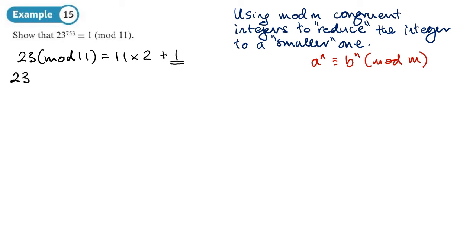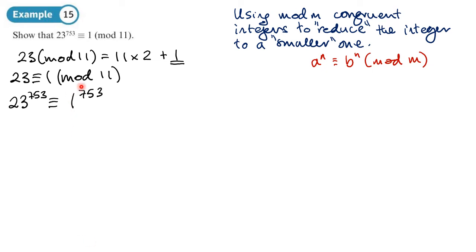So 23 is congruent to 1 in mod 11. So we'll reduce the 23 to basically a congruent value, which does the same thing, 1. So now we can use this rule here. So 23 to the power of 753 is congruent to 1 to the power of 753.